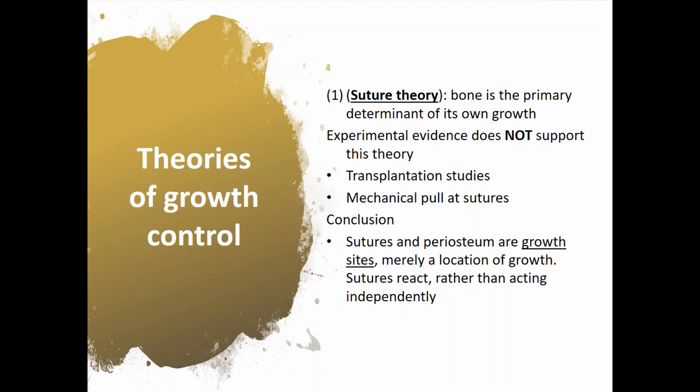So within the bone, we have all the control factors we need, genetic factors, all the elements that are necessary to control growth. Now, this theory was not supported by the experimental evidence. So if we isolate sutures in a lab environment, they will not continue to grow.